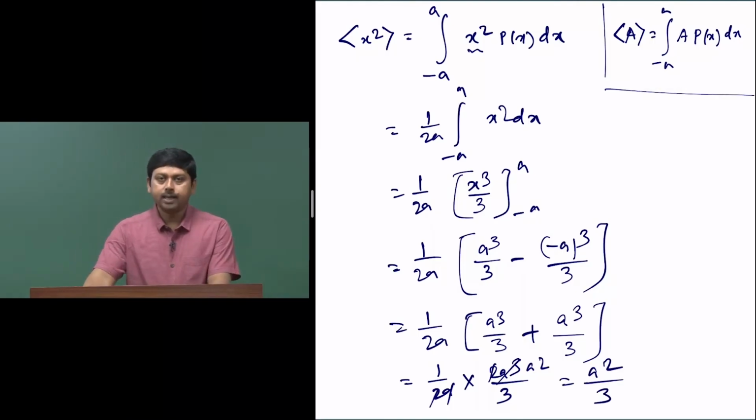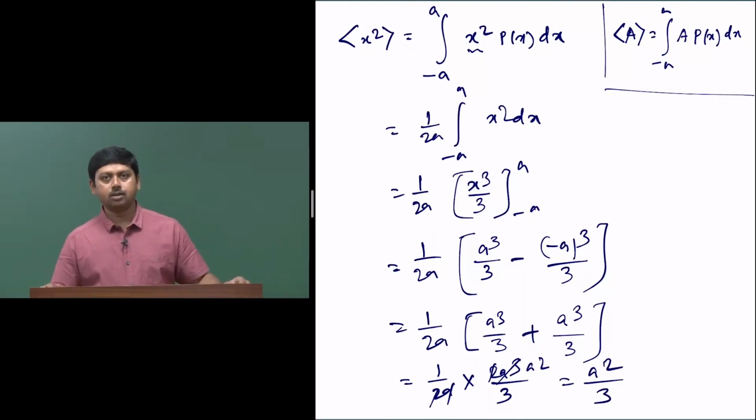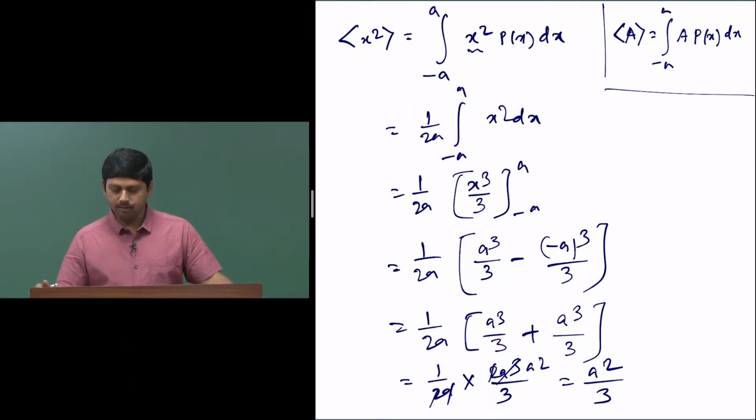Just to tell you that x average is called the mean and x square average is related to the variance. Here the mean will be 0, because it is a flat distribution, it can be anywhere from minus a to plus a. So, the mean is in the middle, whereas the standard deviation will give you a measure of how much it varies, and it turns out that it is not the full a.